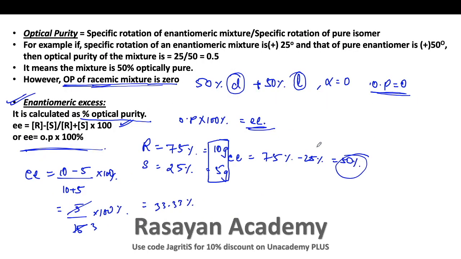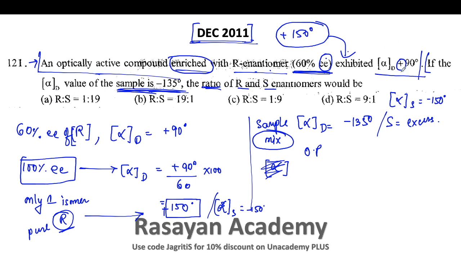We use this formula: specific rotation of the enantiomeric mixture divided by specific rotation of the pure enantiomer. Here I have taken the pure enantiomer to be S because I want to cancel out the minus signs of both of these. So this is going to be 0.9. The enantiomeric excess is going to be 90%.